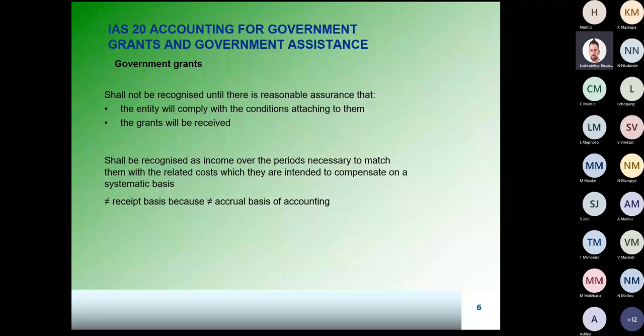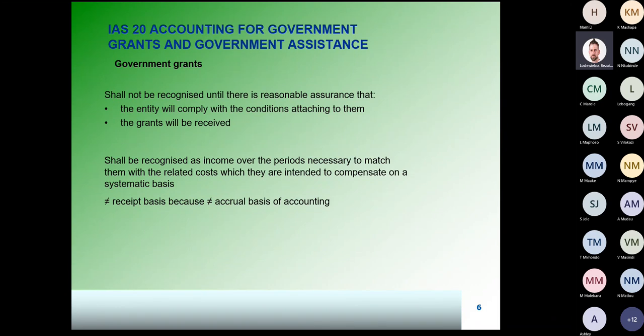So we will recognize the government grant as income over the period necessary to match it with the related cost which it is intended to compensate on a systematic basis. So when you think of depreciation, depreciation is the write-off of the asset over the useful life.